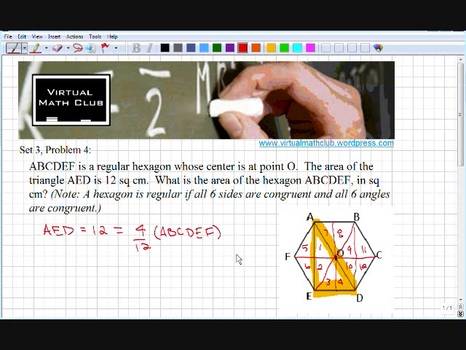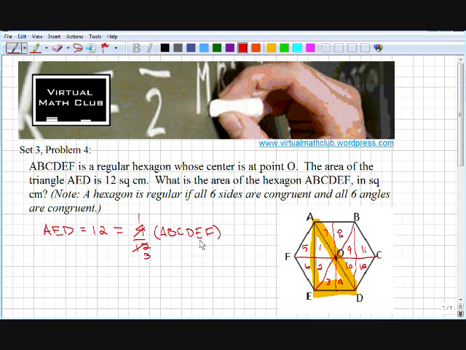So we can figure out, first of all, we can reduce this fraction here. If we divide top and bottom by 4, we'll get 1/3. And then we have this equation which says 12 is equal to 1/3 of the area of ABCDEF.